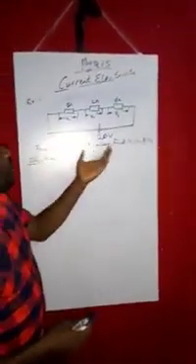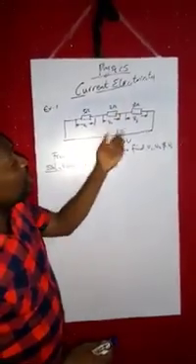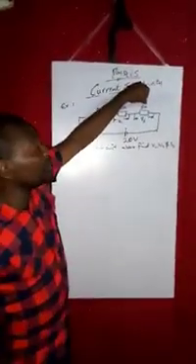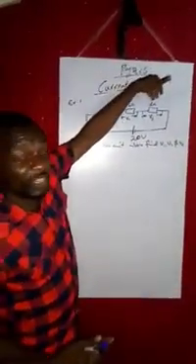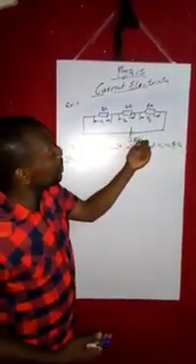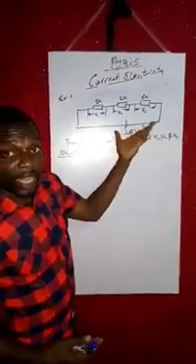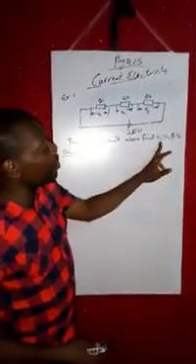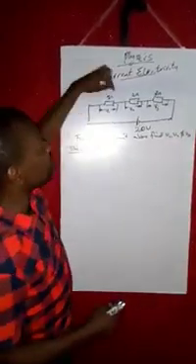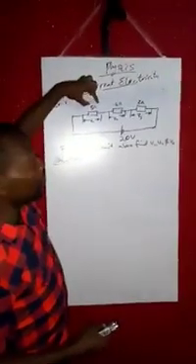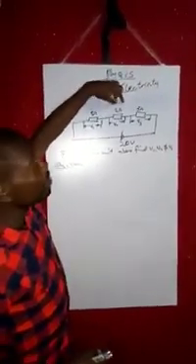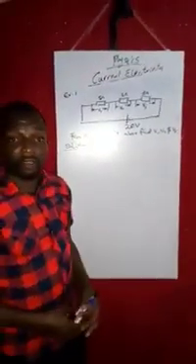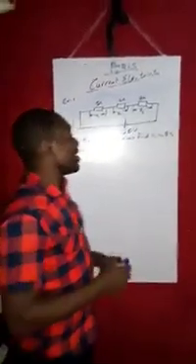From the circuit above, we have 5 ohm, 2 ohm and 3 ohm resistors, all connected in series with a 20 volt supply from a cell. So from the circuit above, find V1, V2, V3. That means the voltage drop at 5 ohms, the voltage drop at 2 ohms, and the voltage drop at 3 ohms. So let's see how to go about that.